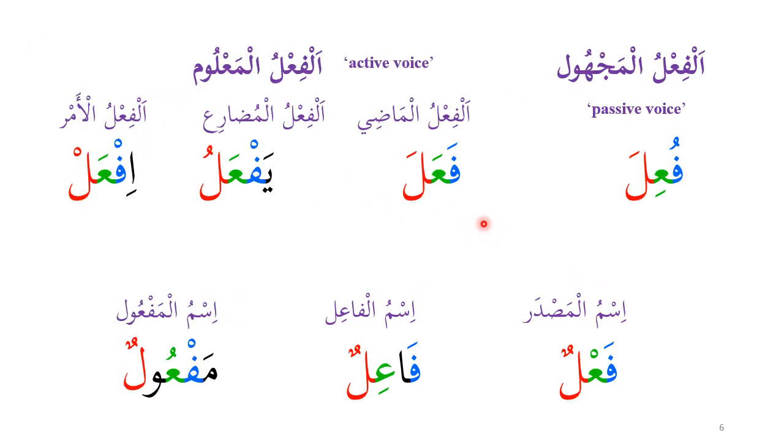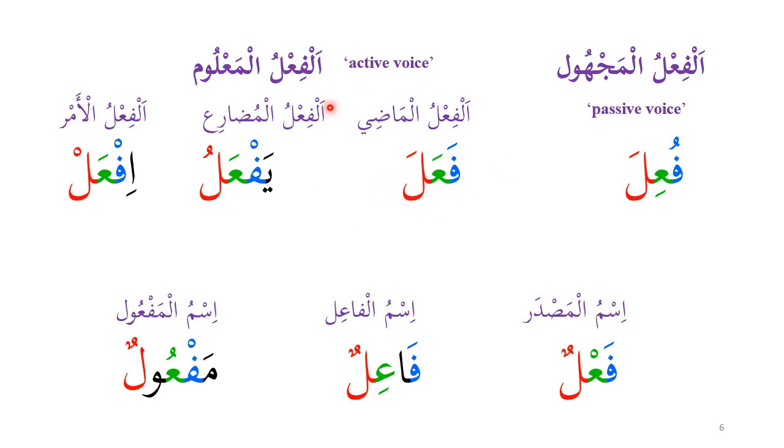All right, so again, I have to remind you of my last video about Arabic grammar. Remember, in the active voice, these six patterns that we have learned, three for the verb, three for the noun, that is fa'ala, yaf'alu, and if'al, the fi'lul ma'di, fi'lul mudari'a, and fi'lul amr. These three are for the verb, and fa'lun, fa'ilun, and maf'ulun, this is the masdar, the fa'il, and maf'ul, here shown by using the prototype root, fa'ala.